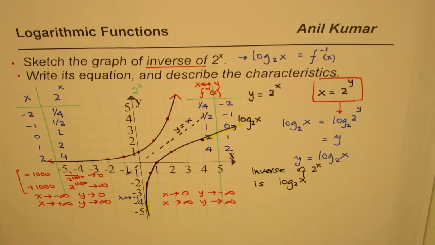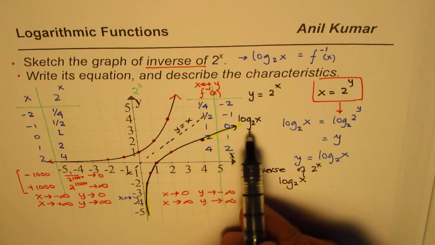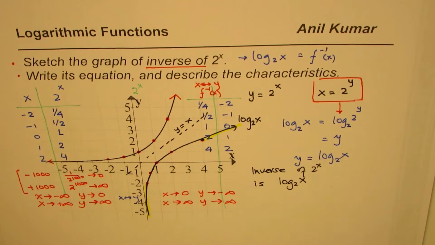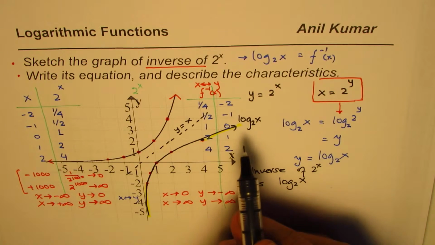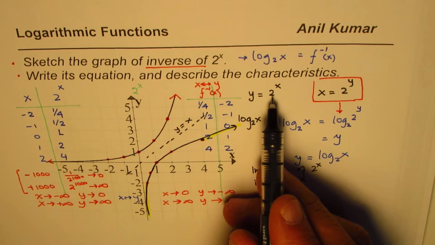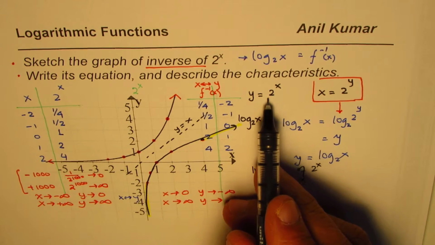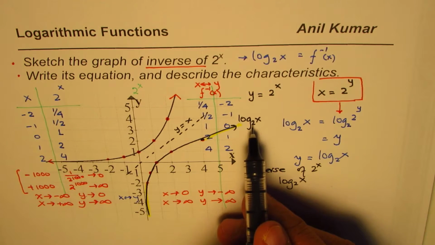Now coming back to the characteristics of this inverse, which is the logarithmic function for us. From now onwards, we'll just call it the logarithmic function to the base 2. Since the base is 2 for the exponential function, we'll keep the same base for the logarithmic also.